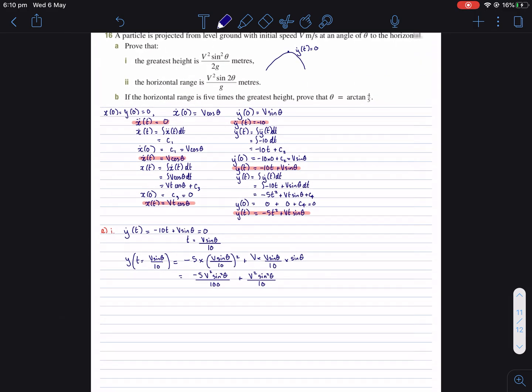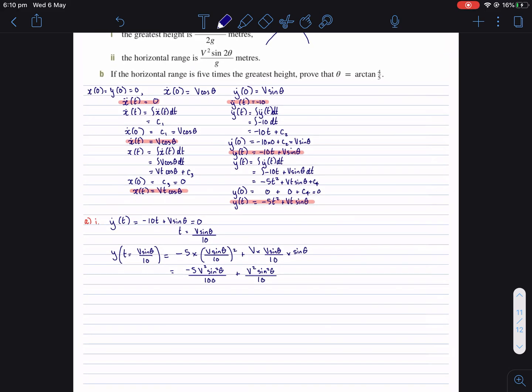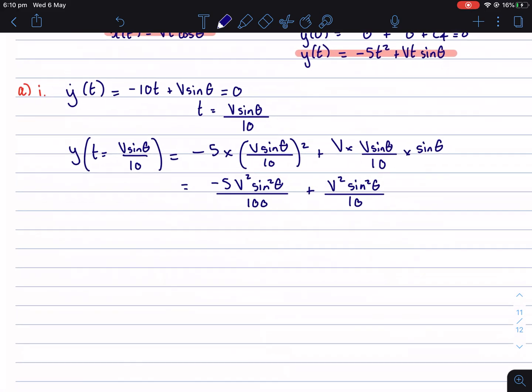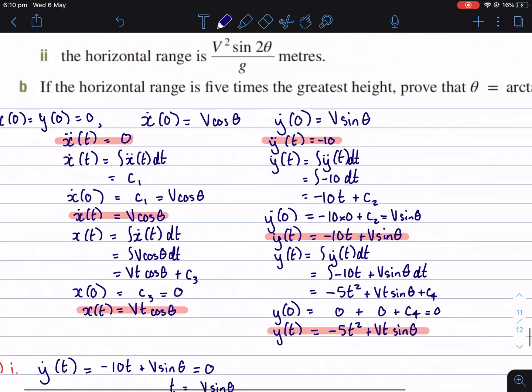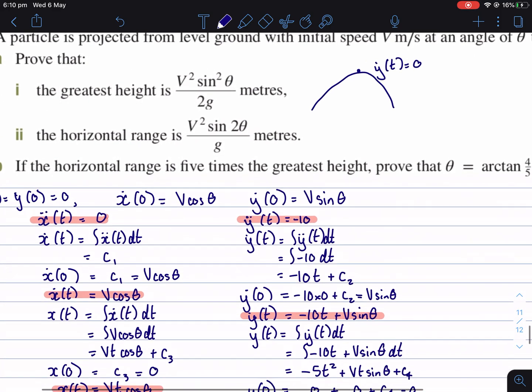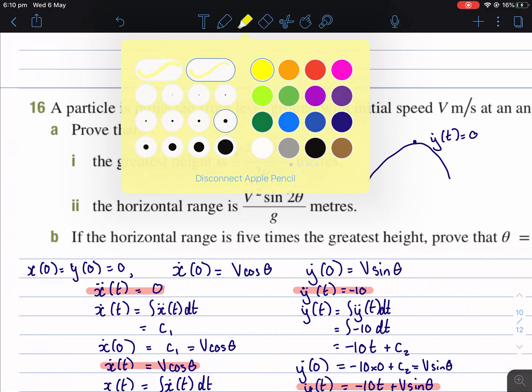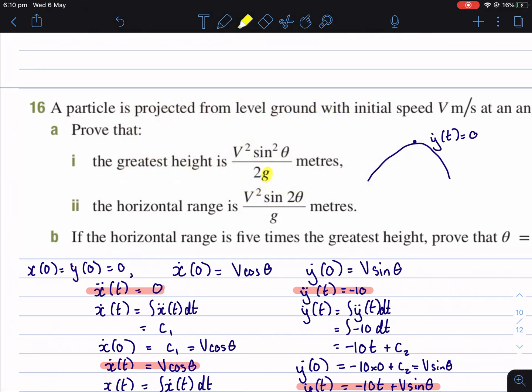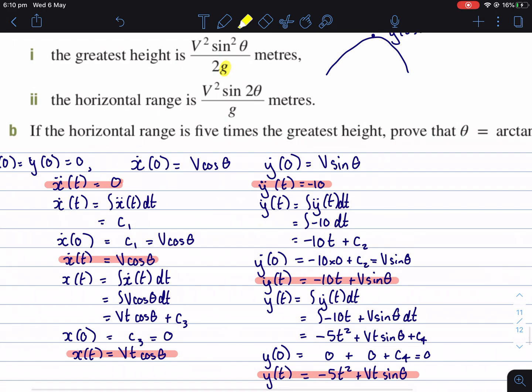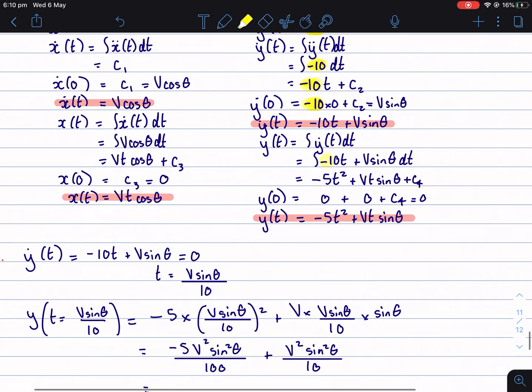Am I at least on the right track? Maybe instead of 10 I should have had g this whole time? Yeah, I should have. So I'm just going to highlight everywhere I should have had g instead.